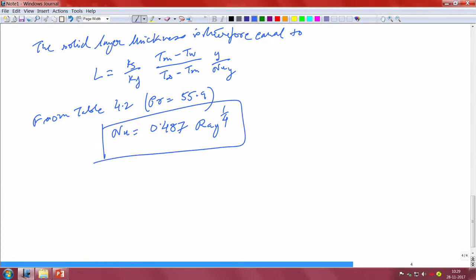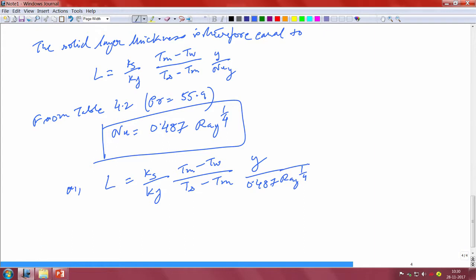I interpolated it between 10 and 100, because 55 is right in the middle. So, L equals Ks by Kf, Tm minus Tw over T infinity minus Tm, times y, then you substitute 0.487 Rayleigh number to the power of 1/4. This is just a substitution.